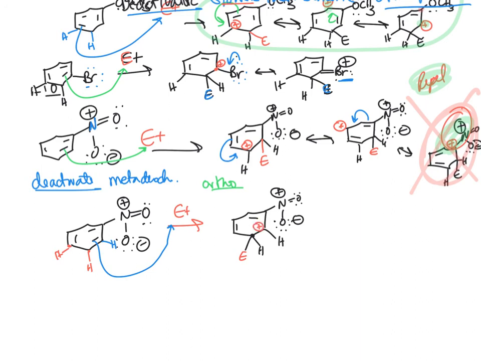So these electrons here can go there. We can draw a resonance structure. Draw our sigma bonds. And now our plus charge goes here. And then we can draw another one here.